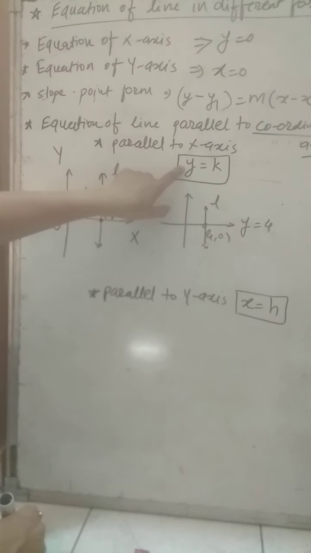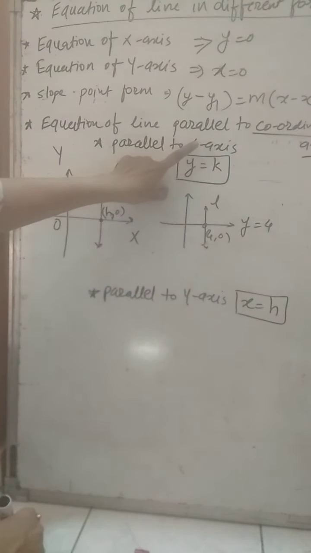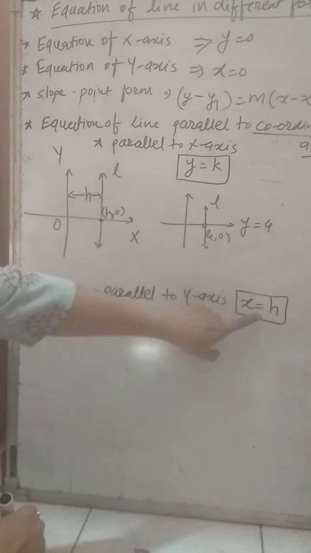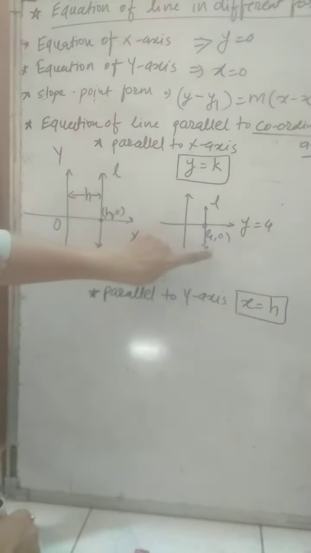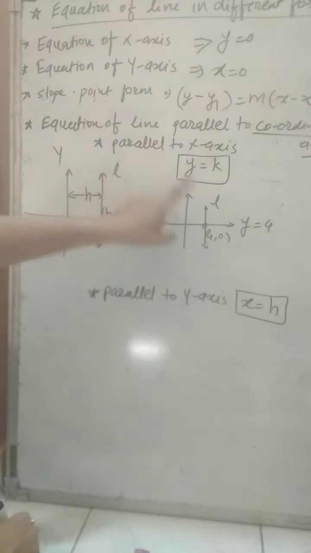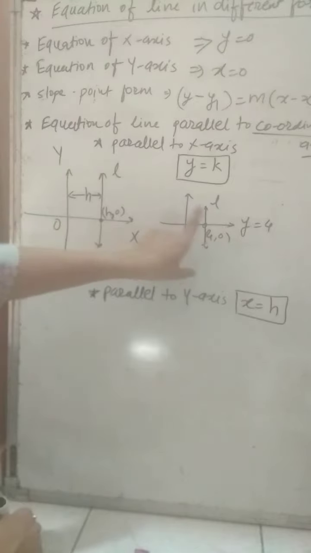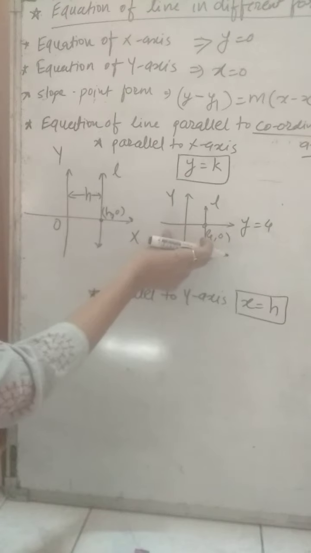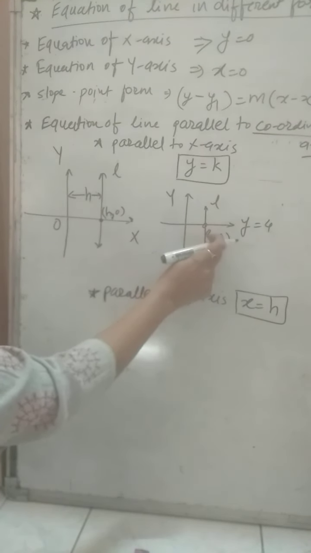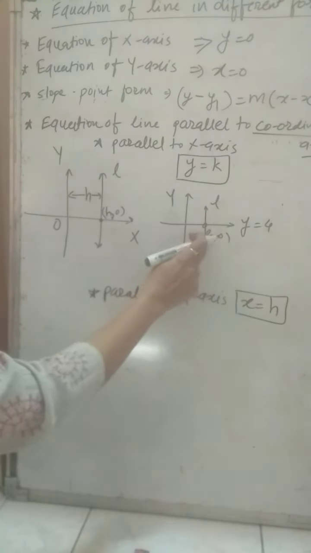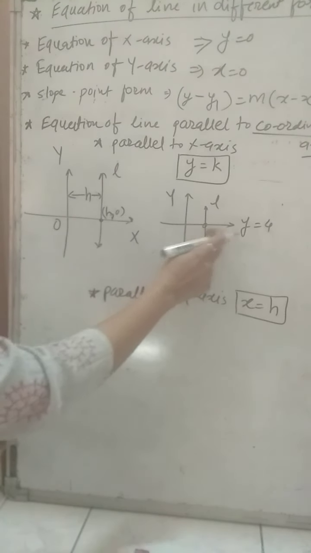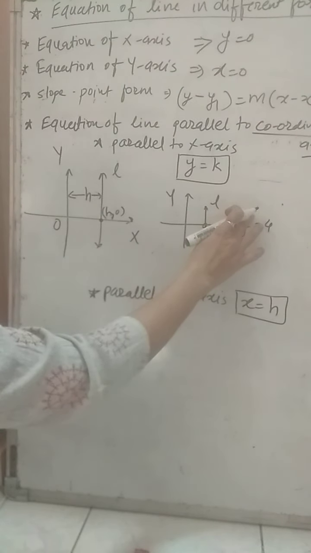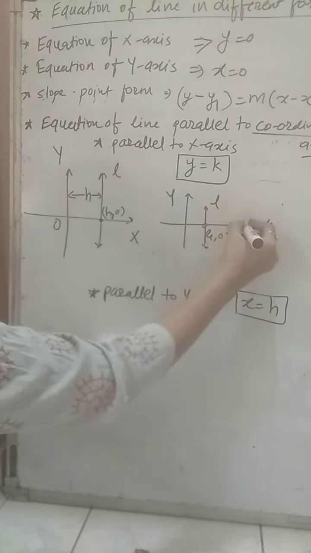Y equal to k means a line parallel to the x-axis, and x equal to h means a line parallel to the y-axis. This is an example: a line parallel to the y-axis, and consider the point (4, 0) here. 4 is the x coordinate, so the equation of this line is x equal to 4.